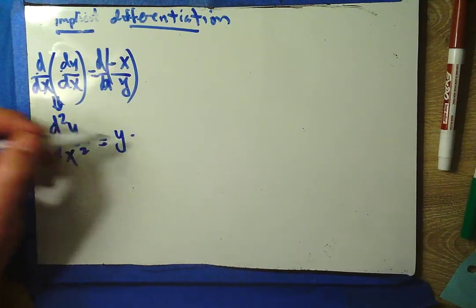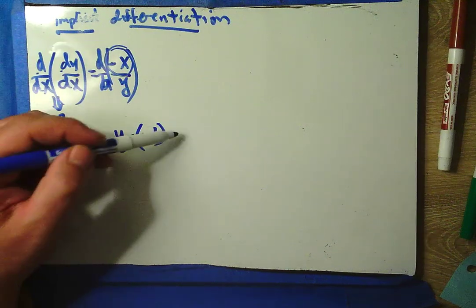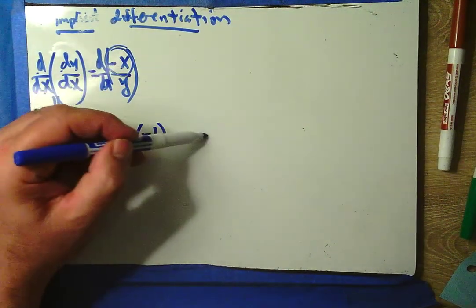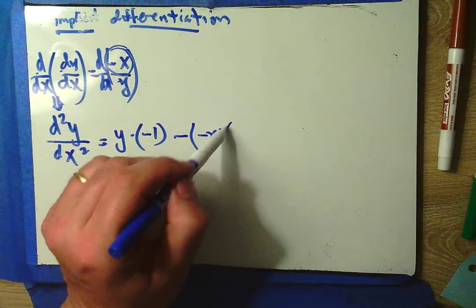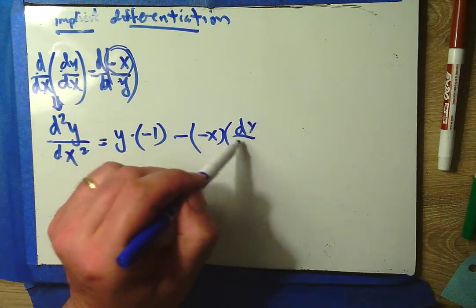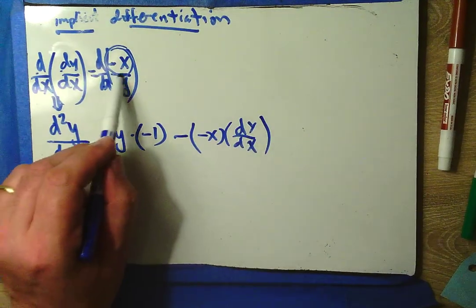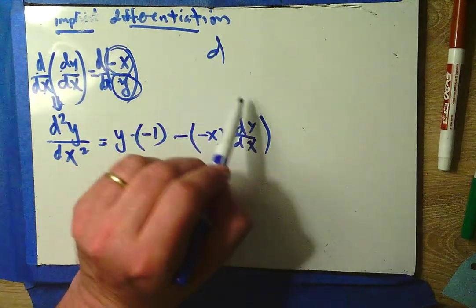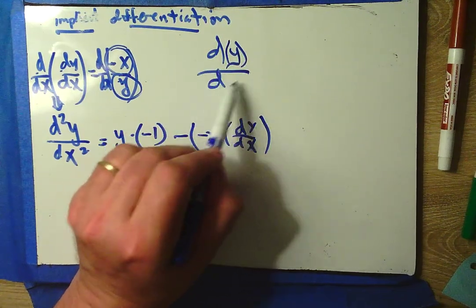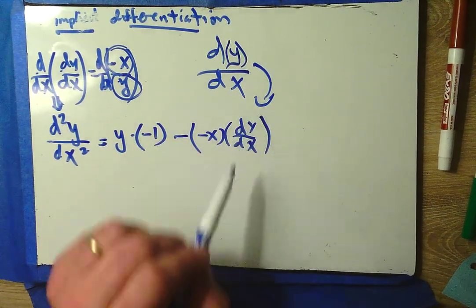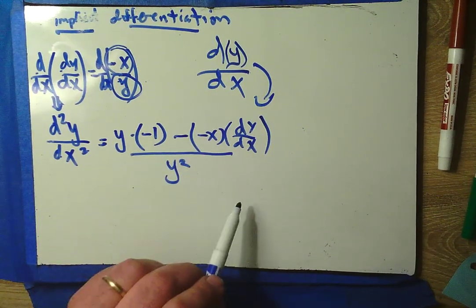Low d high, the derivative of negative x is negative 1, minus high d low, the derivative of y with respect to x. This is d low. Low is y. I want the derivative of low with respect to x. So that's just dy/dx, all over low squared.